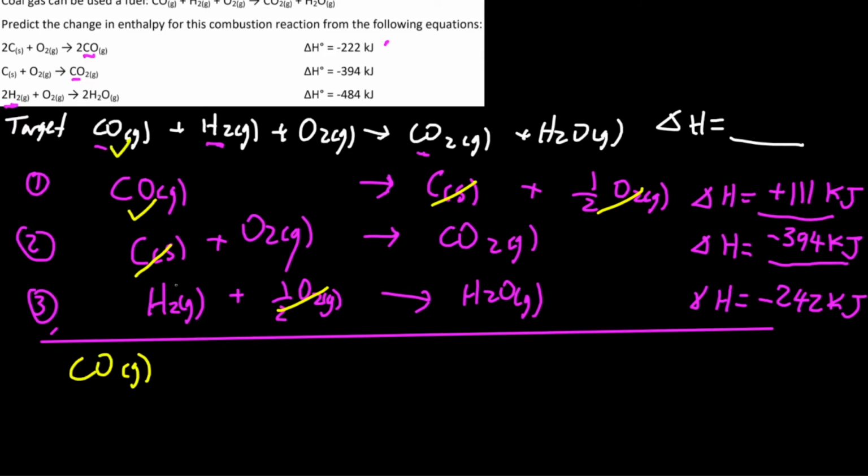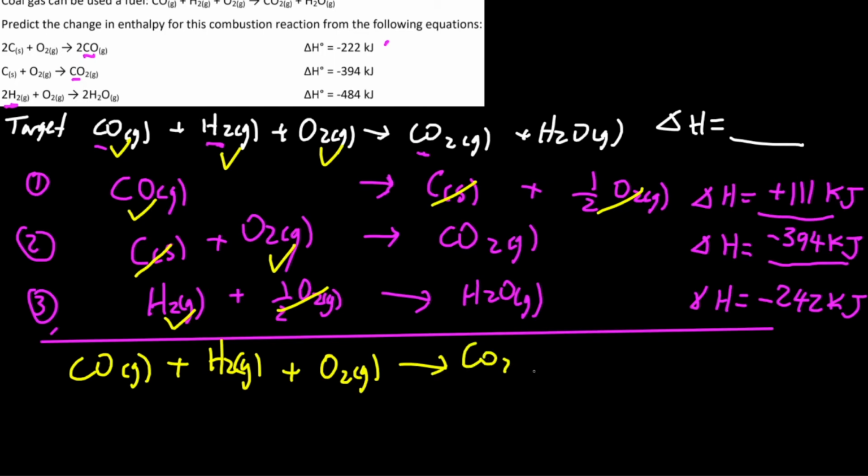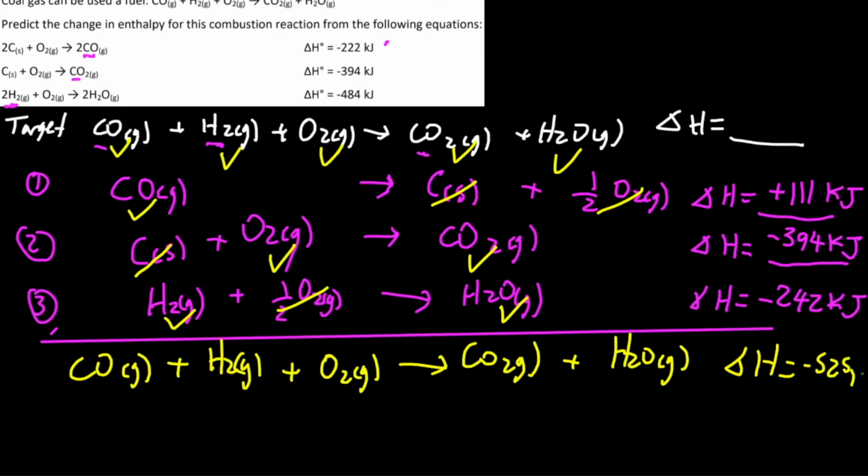We have hydrogen gas, and that's also consistent with our target. We have O2 gas left over, which is also consistent with our target. Produces carbon dioxide gas, which is good. That's consistent with what we need. And we have H2O gas, which is also what we have. So from here, we're going to add up all the delta H values. After you add it all up, you should get negative 525 kilojoules.